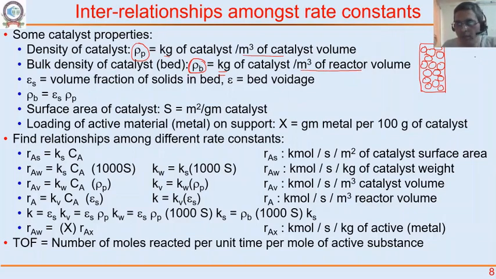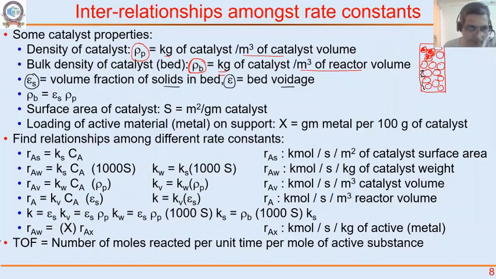Now as you can see, in this reactor only a fraction is occupied by the catalyst and the rest are void spaces between the catalyst particles, like these black ones. So we need to define voidage in terms of the void volume. We call epsilon the bed voidage, and epsilon s the volume fraction of the solids in the bed.